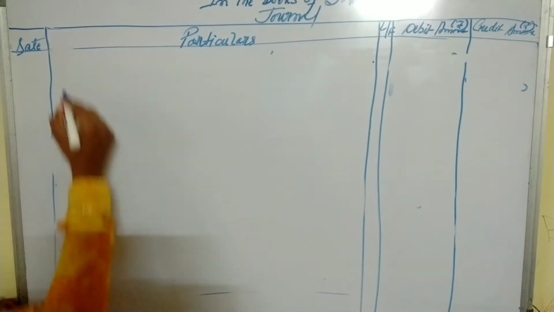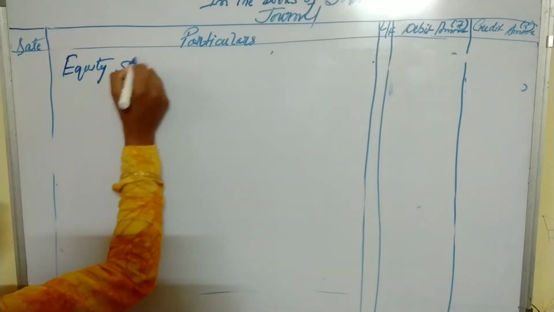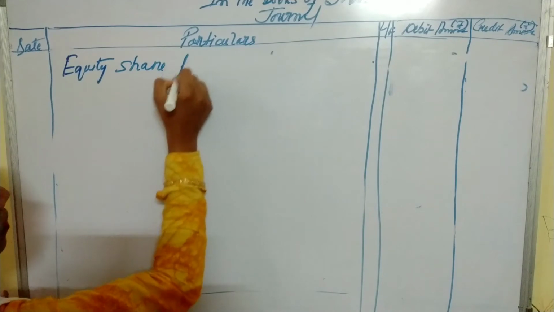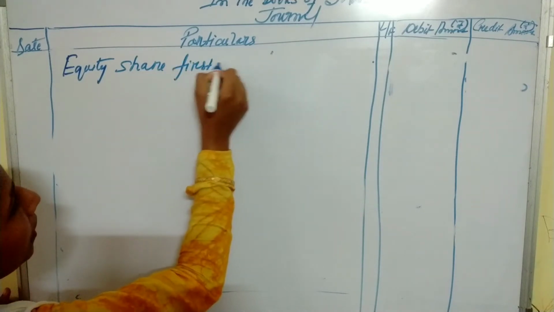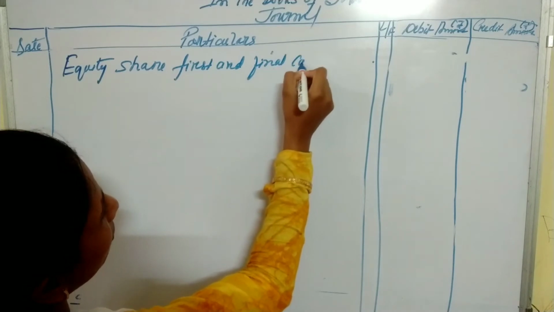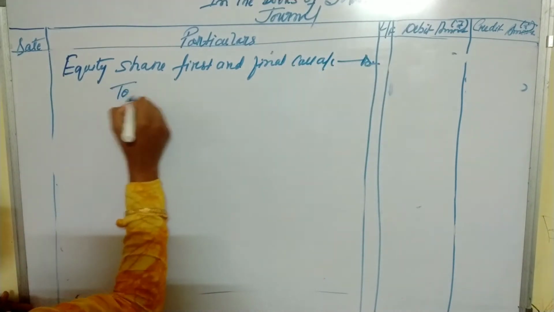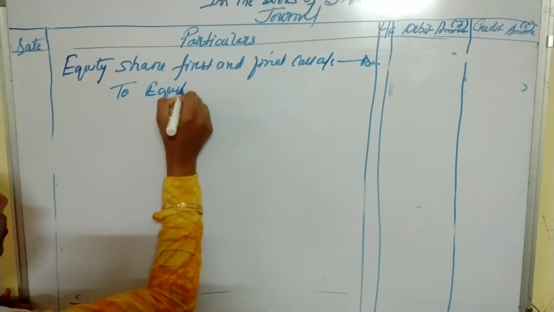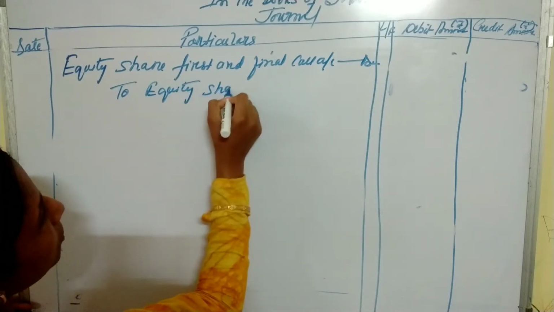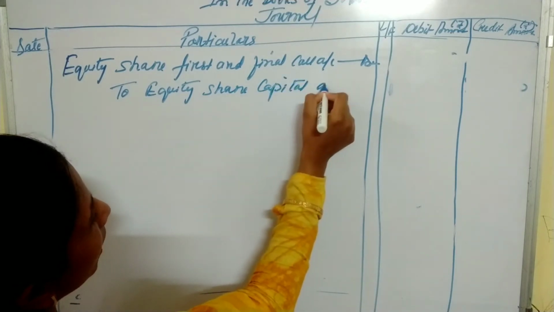So equity share first and final call account debit to equity share capital account.